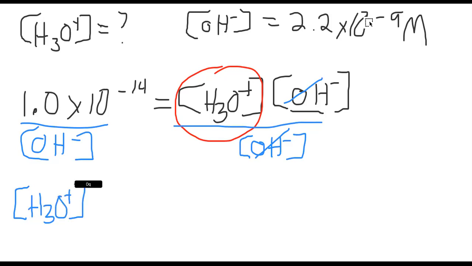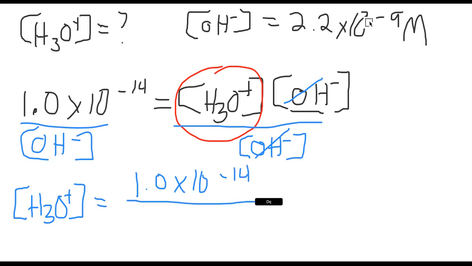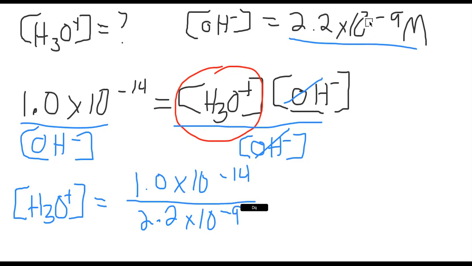So to solve for the concentration of the protons, I'm going to take 1.0 times 10 to the negative 14th, and I'm going to divide that by my OH minus, which is 2.2 times 10 to the negative 9th. Since both of these are molarities, the H3O plus is going to come out in molar.